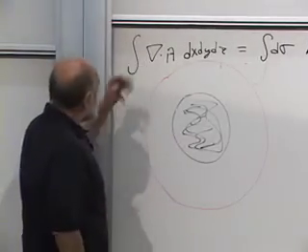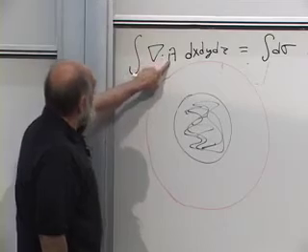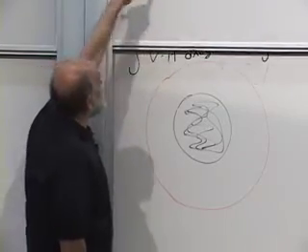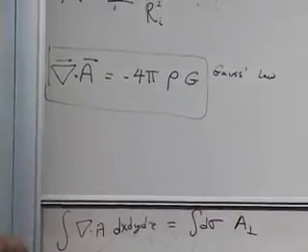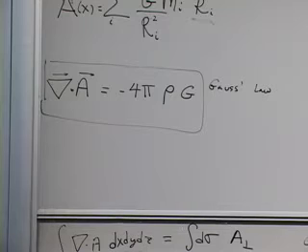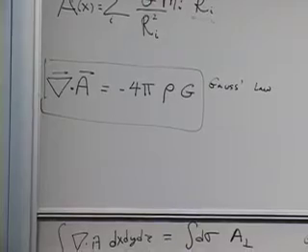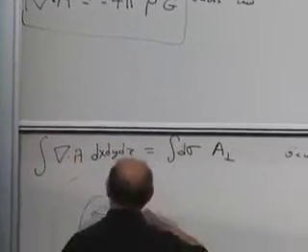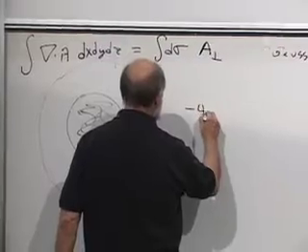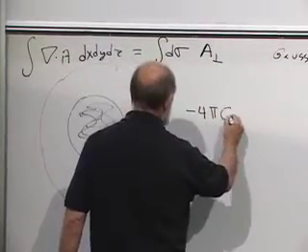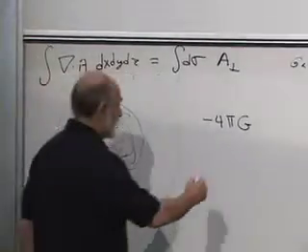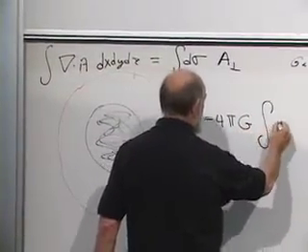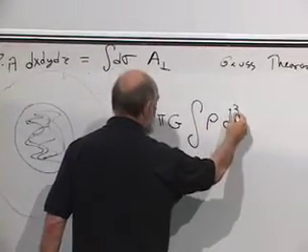All right. First of all, we integrate up del dot A. But what is del dot A? From Gauss's law, not from Gauss's theorem, but from Gauss's law, we know that del dot A is minus 4 pi times the mass density times g. So let's work that out. We're going to get minus 4 pi g, and then the integral of the mass density over the interior of the sphere.